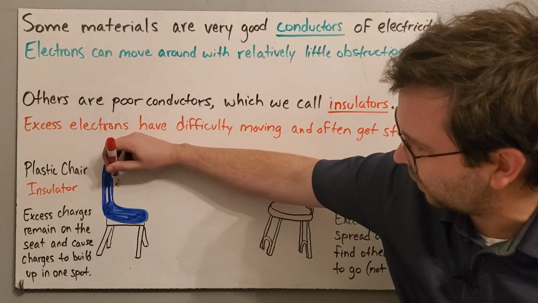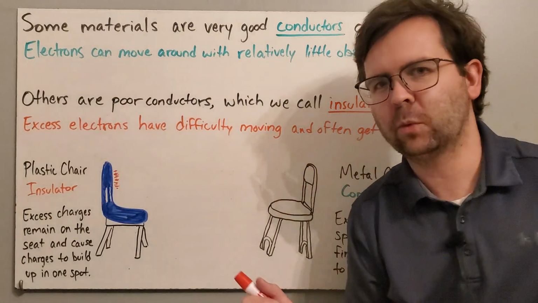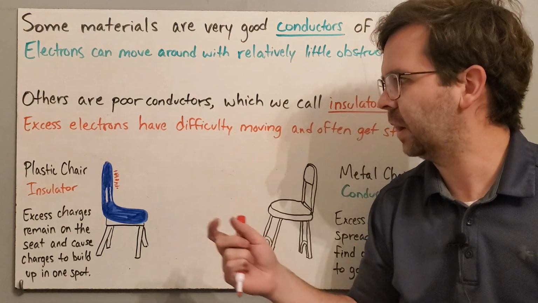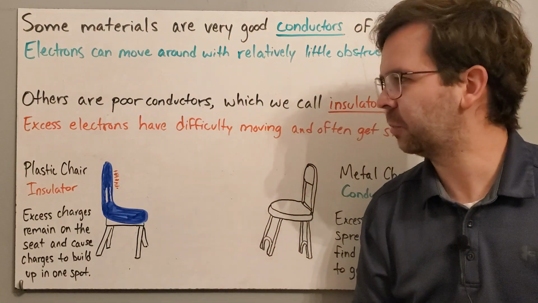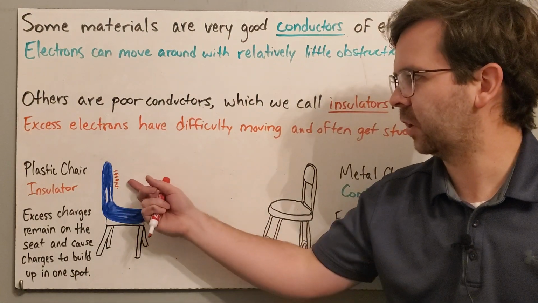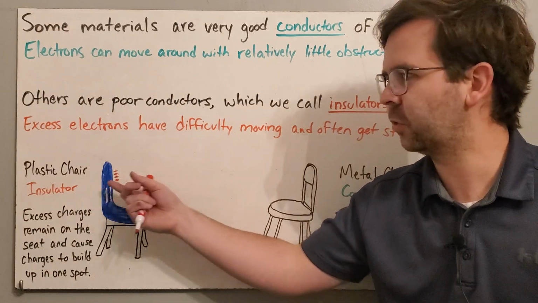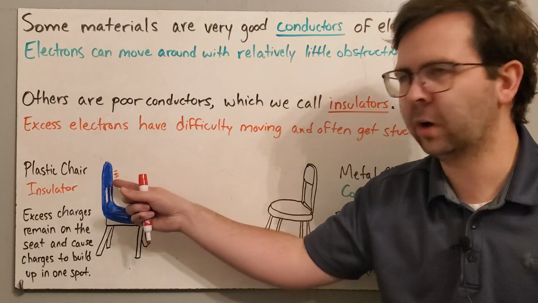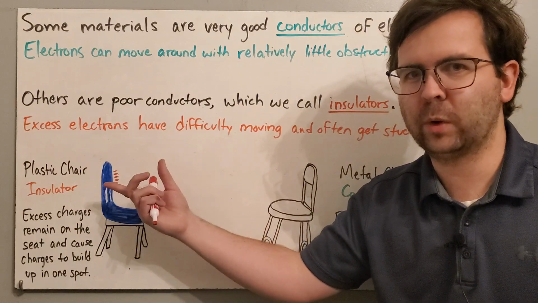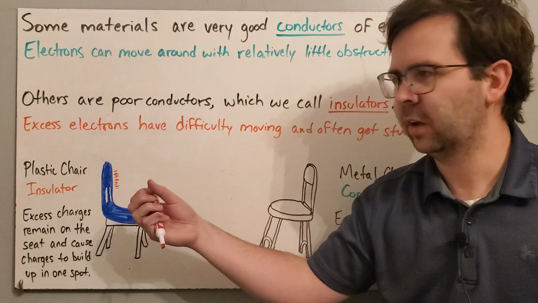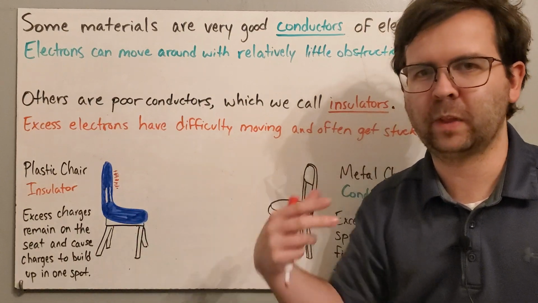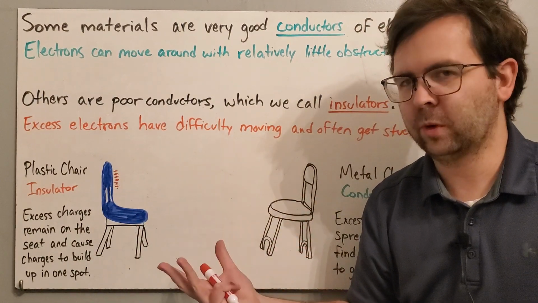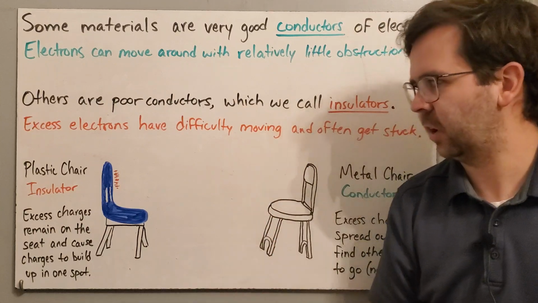These excess electrons would just build up there if you rubbed up against the chair, and you would ultimately get shocked by these electrons. They wouldn't have anywhere else to go because plastic is an insulator. And so once electrons are put on the chair, they can't go anywhere else. They just stay there. Maybe eventually they jump into the air, but for the time being, they just kind of stick there on the chair.